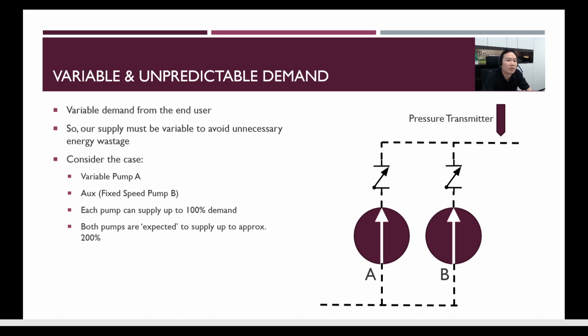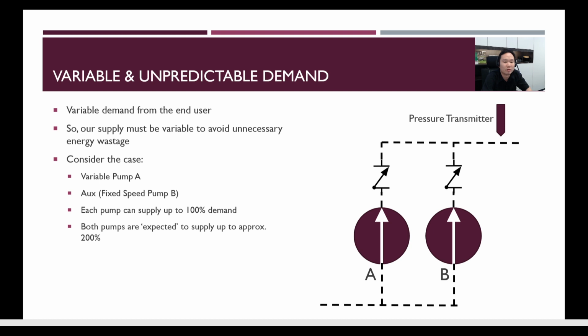Consider the case where pump A is variable, which means the VSD drive is connected directly to pump A, and the auxiliary pump is connected at pump B. The auxiliary pump B is not variable speed, so either it doesn't run or it runs at 100%, which is basically a DOL starter.